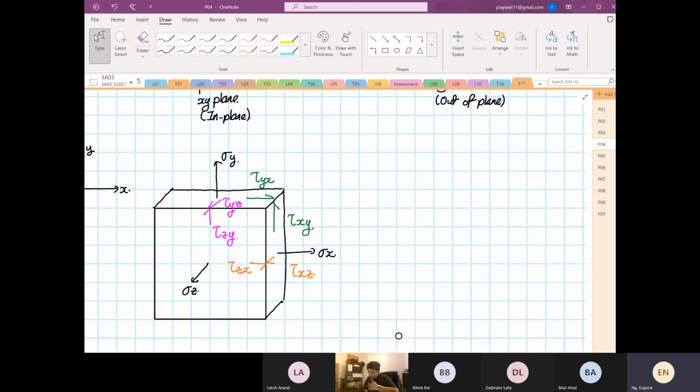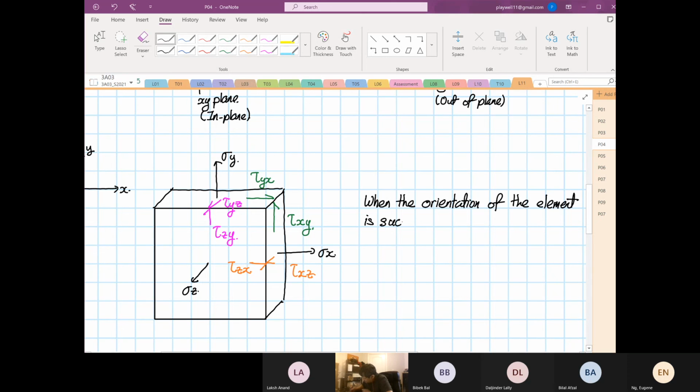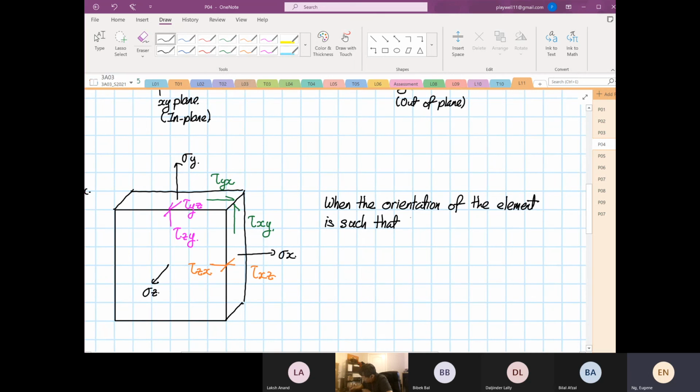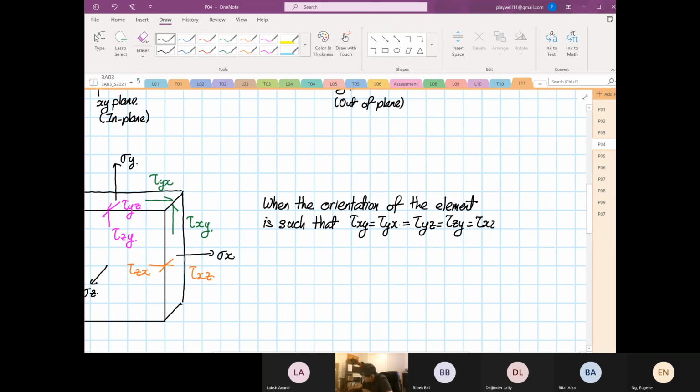So the case that we're going to consider now, from here on I write down, we're going to have three cases, but the principal ruling case is when the orientation of the element is such that shear xy is equal to shear yx, and shear yz is also equal to shear zy, and shear xz is also equal to shear zx, and they are all equal to 0.